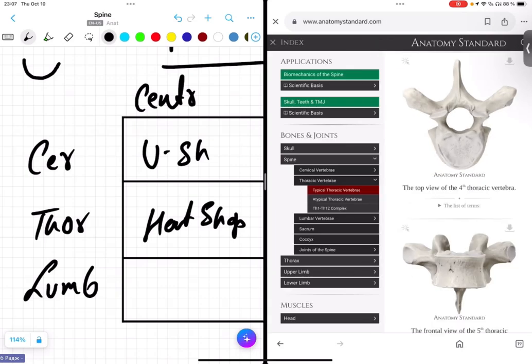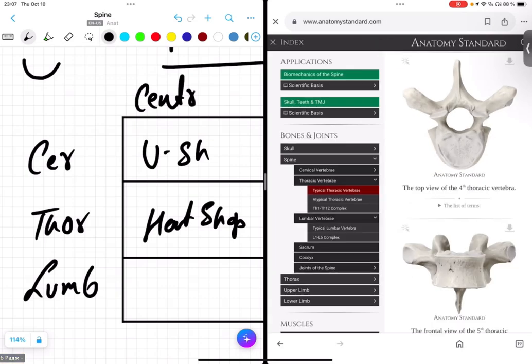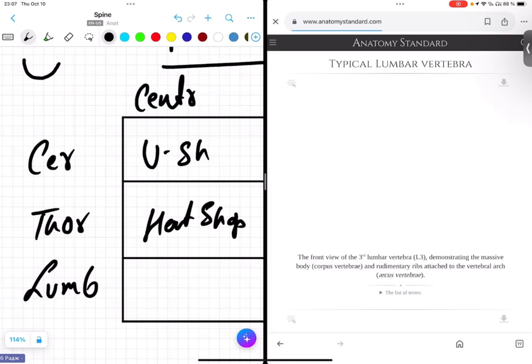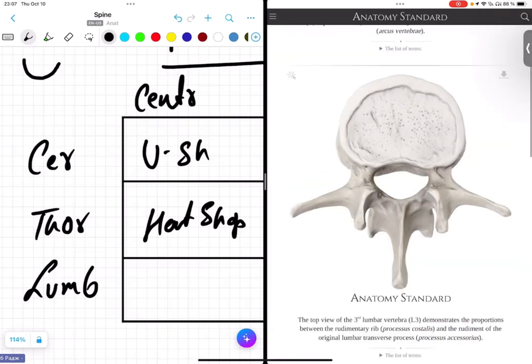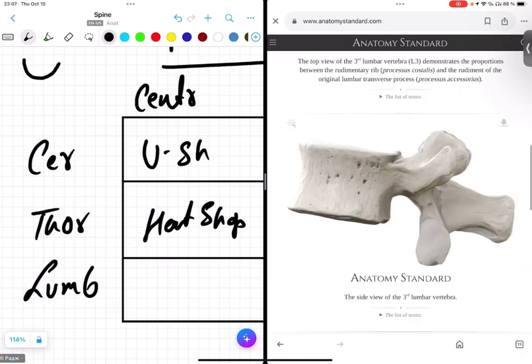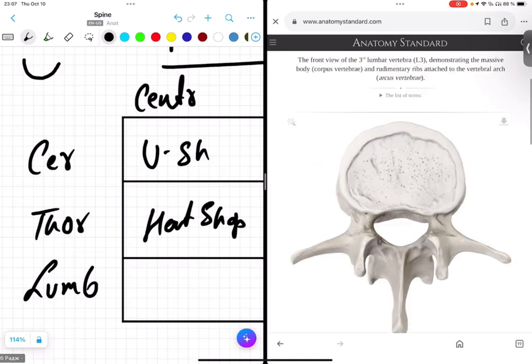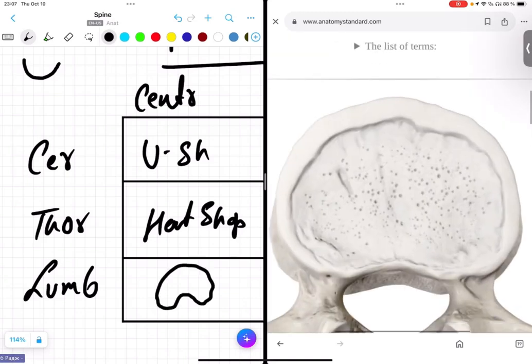Let's see our typical lumbar vertebrae. Does it resemble a kidney shape? Yes, sir. So that would be piriform or kidney shaped.